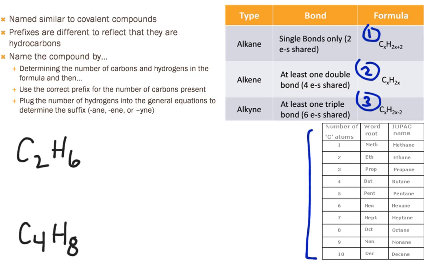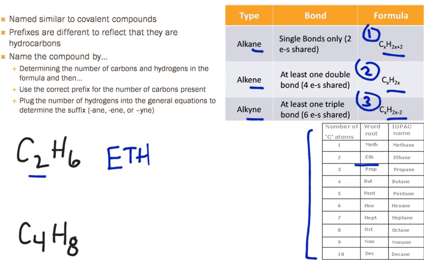So the first thing we're going to do to name these compounds is look at the number of carbons. The first one we have is C2. Well, 2 carbons, the prefix is eth. So the number of carbons will determine our prefix. Then we must use the 3 formulas over here to determine the ending, whether it be ANE, ENE, or YNE.